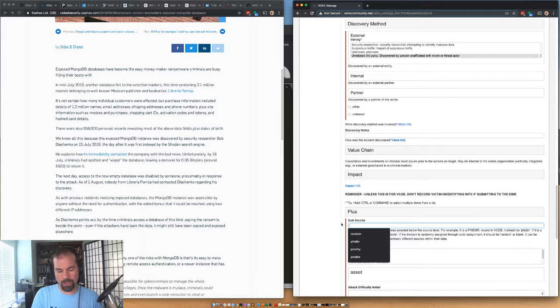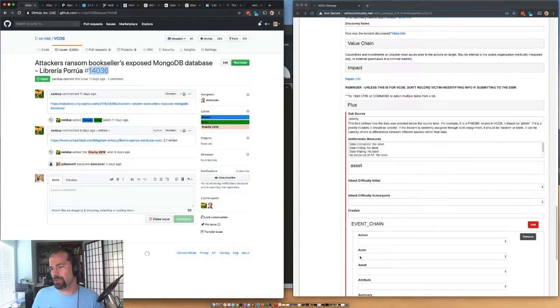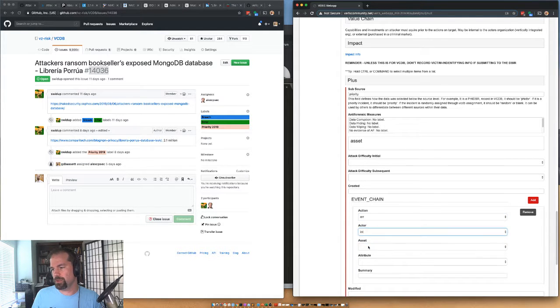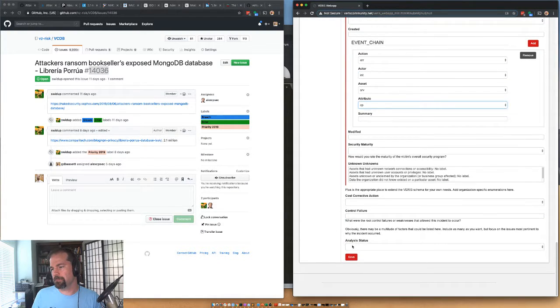And this was a priority assignment, right? Yeah. And finally, the event chain. An error by an internal actor on a server led to a compromise of confidentiality. I'll mark this one validated.